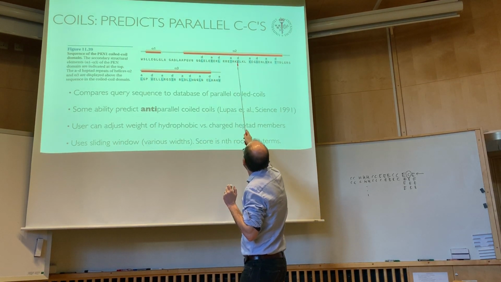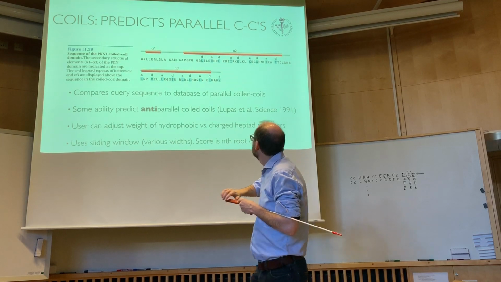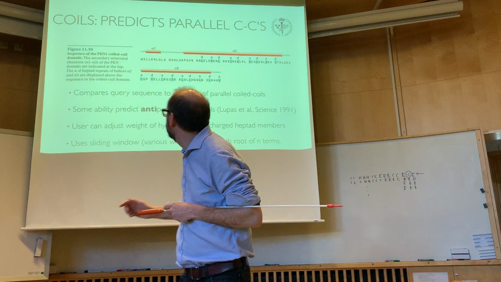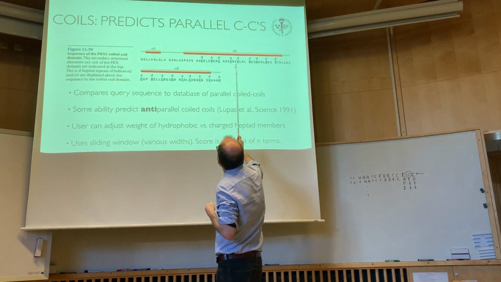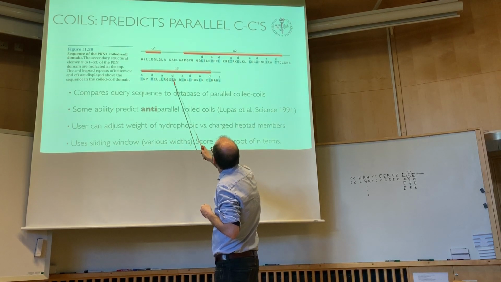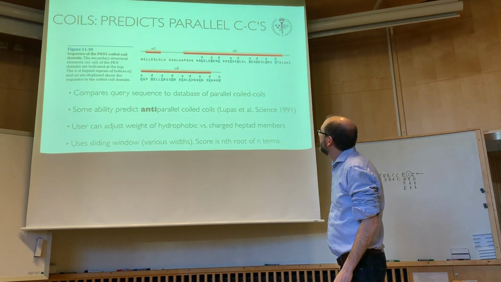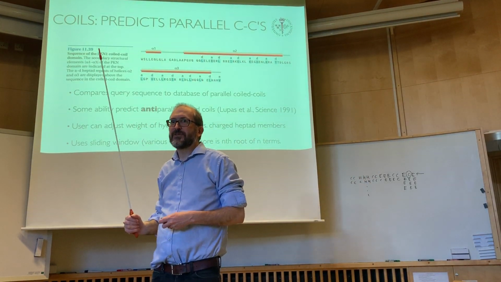So here's an I and an E. Doesn't seem to follow the pattern, right? Looks like there's a lot of charged ones. Let me just make sure. Yes, A and D is what we're looking for. L and S, L and L. So, you know, some of these seem to follow the rule, others are not, right?